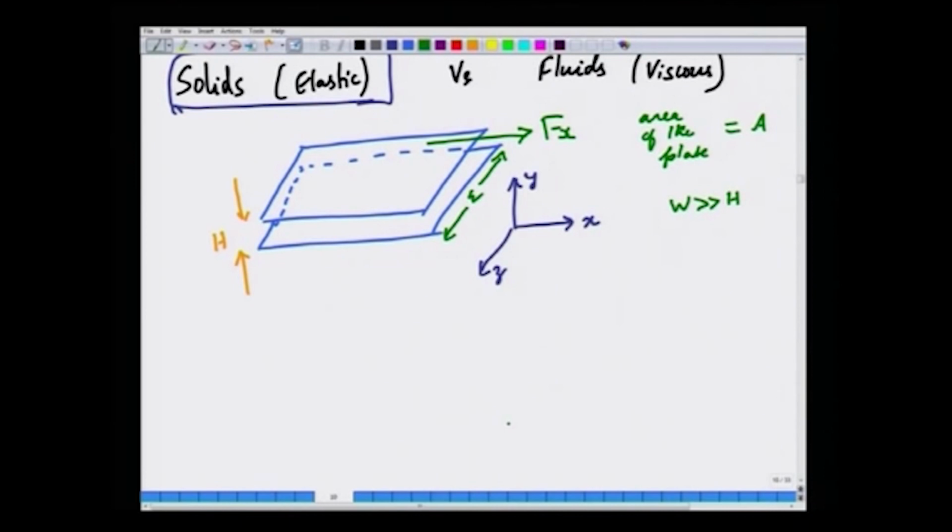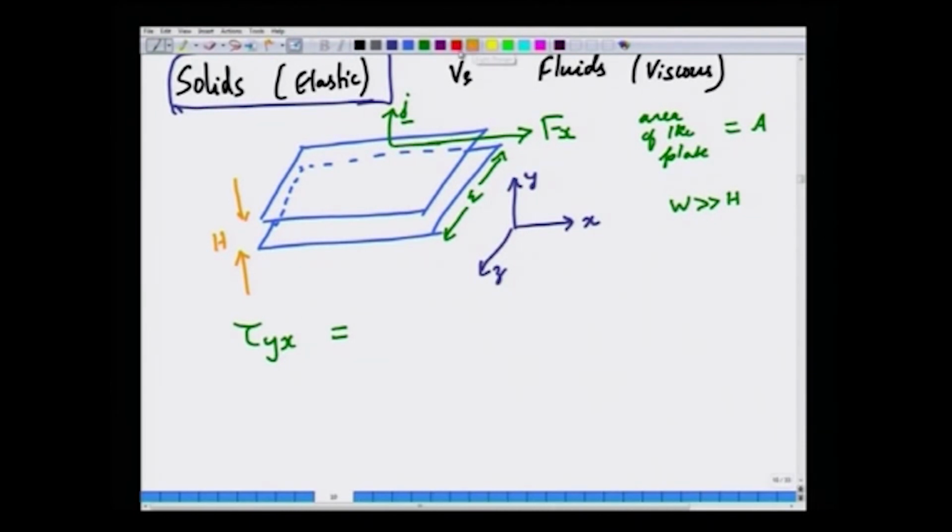So, let us now understand, the moment you put this force, you are going to generate a stress. The stress is acting on a surface whose unit normal is in the y direction j, and the direction of the stress is x.